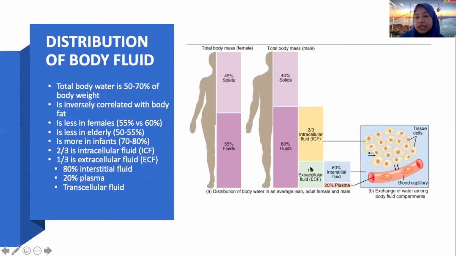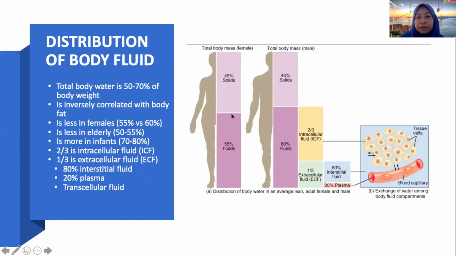And outside the cells, this water can be distributed in two compartments. We call the first the interstitial fluid or the internal environment. This is the fluid that bathes the cells, that surrounds the cells. And about 20% of this extracellular fluid is the one that is in the blood, which makes up the plasma.